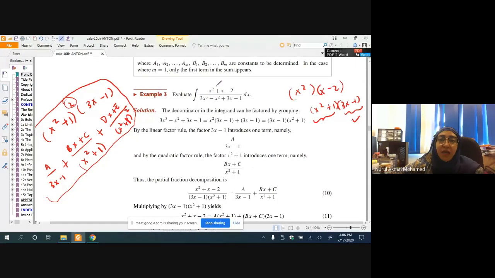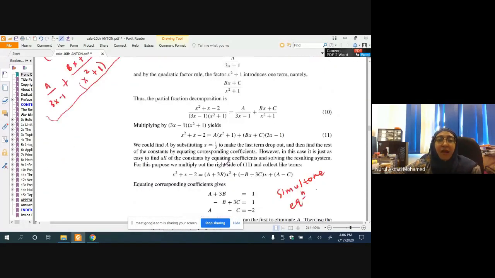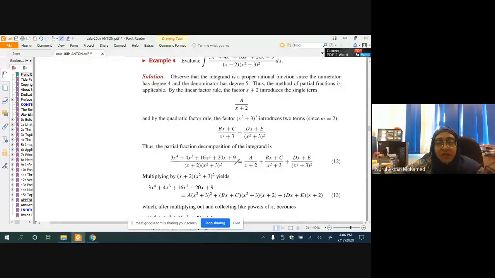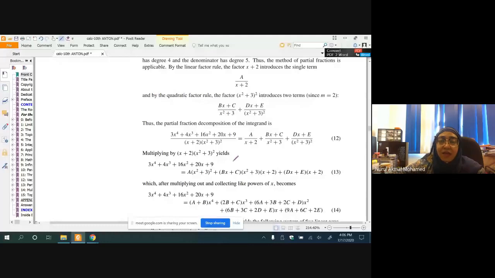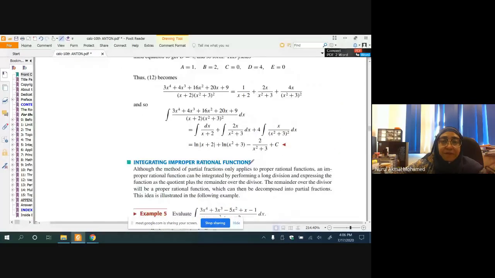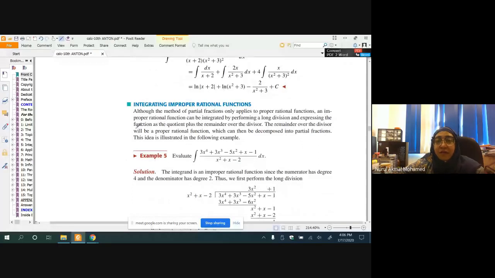But if the order of the numerator is higher than the denominator, then you have to do long division before you can apply the procedure that you have learned just now. That kind of rational function is called improper.